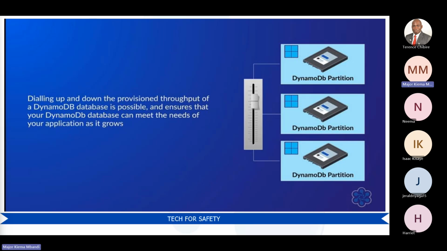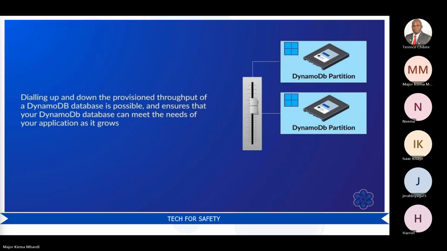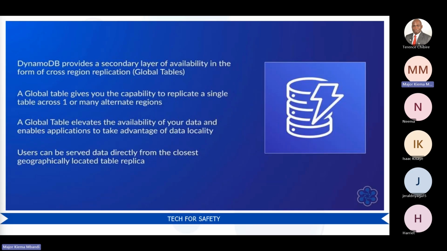So let's move to the next slide. So dialing up and down provisioned throughput is possible to ensure your database can meet the needs of your application as it grows. Yes, I think you talked about that. So we have something in DynamoDB that we call global tables. So what are global tables? This provides a secondary layer of availability in the form of cross-region replication.